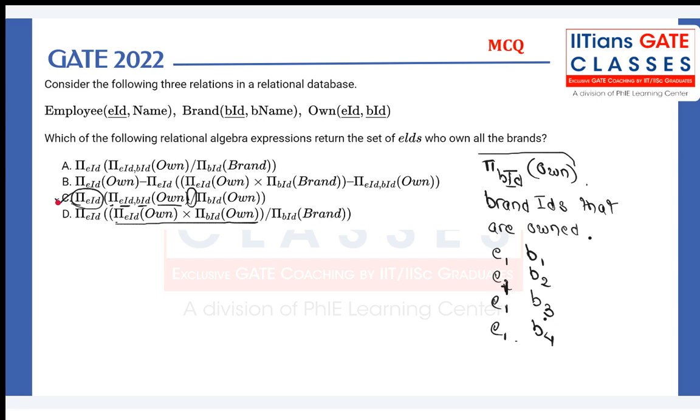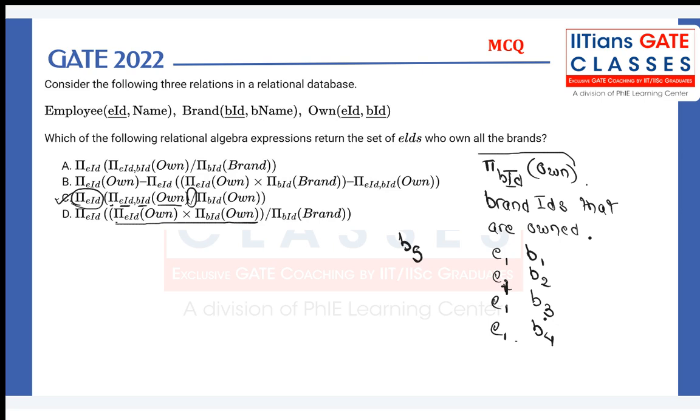If there is a brand in the brand table that is not owned by anyone, for example, let's say there is a brand called B5 that is present in the brand table, but in the owned table it is not present, saying B5 is not owned by anyone.